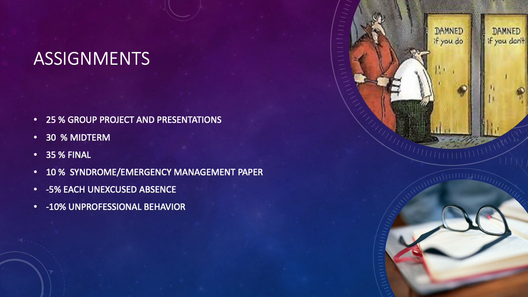However, you do need to be present for the lecture in order to understand the basic requirements of the information. So if you're consistently not there, and or if you are consistently behaving in a way that is not professional, that will be reflected on your grade.